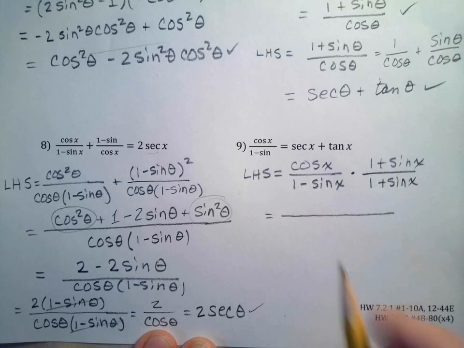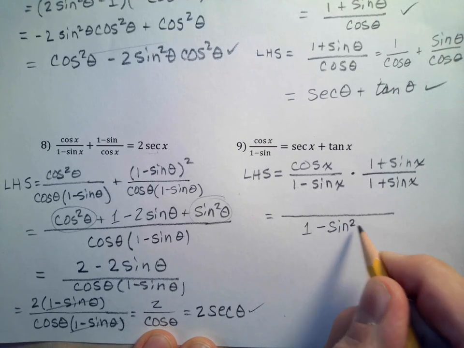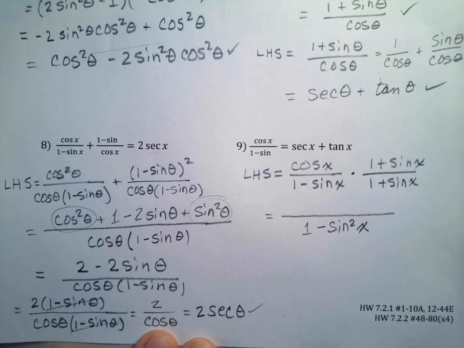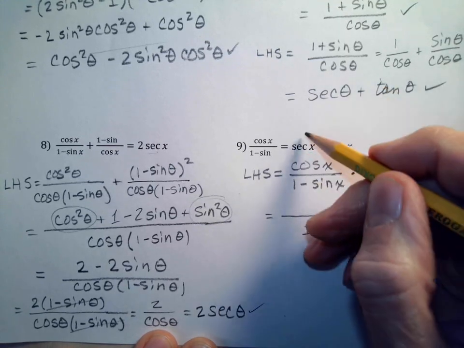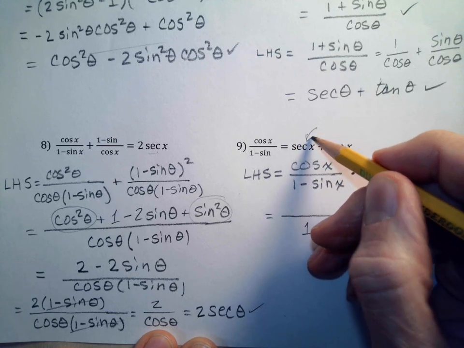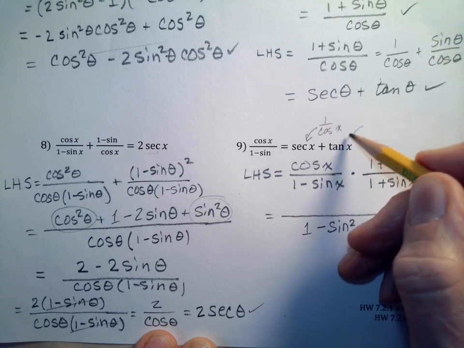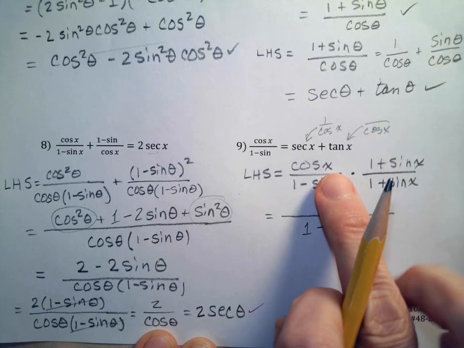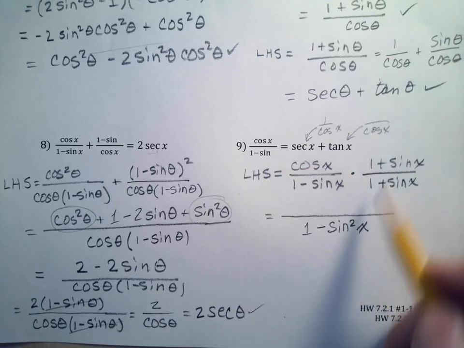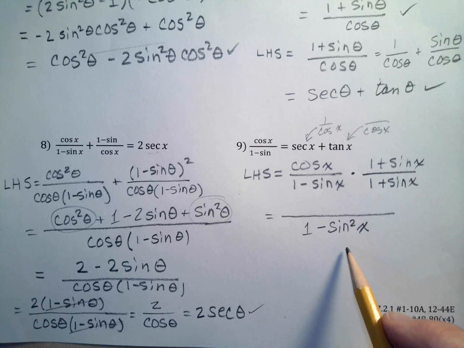Remember, the center term is going to go away, so that's 1 minus sine squared x, which is kind of nice if you think about it. Yes, we're not allowed to touch this, but this is 1 over cosine. And this has a cosine x on the bottom, right? So we could turn that into a cosine pretty easily, I think.